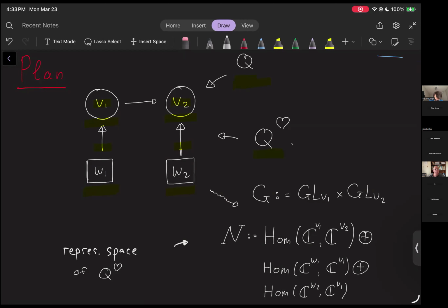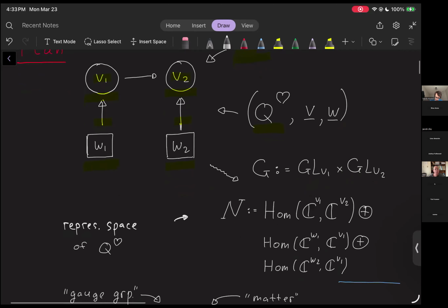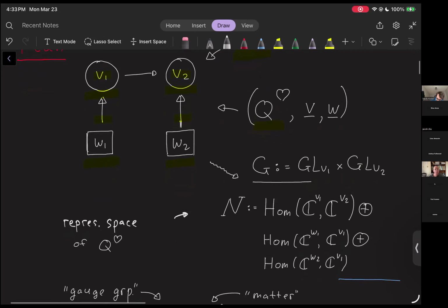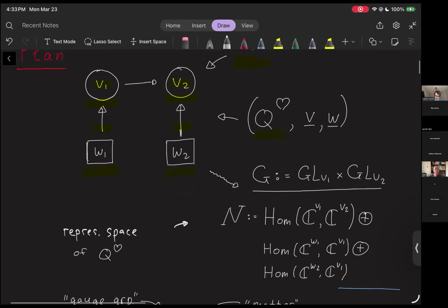So we have Q heart and we have this V and W. And now to this data, we can associate a group that I denote by G. In this case, it's just the product of GL V1 and GL V2. In general, just the product of GL V_i. In particular, this group does not depend on the choice of W's, of framing nodes.